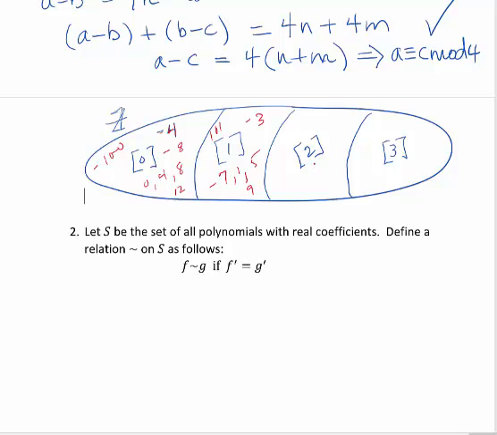In square bracket 2, the equivalence class represented by 2, we would have all of the numbers that leave a remainder of 2 when divided by 4. So we would have -2, 6, 10, 2, and -6.